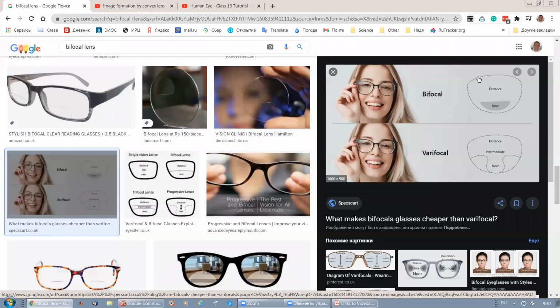So it is the old style when the lens for nearby vision is attached to the general glass, and the modern one is varifocal, when the lens is negative on the top and positive on the bottom, and it changes continuously from negative to positive.